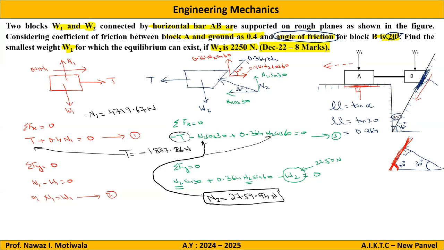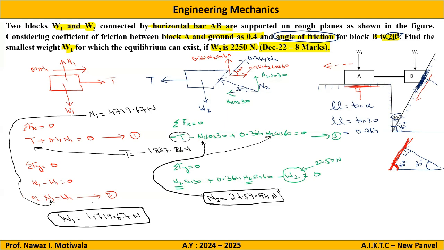And once I get N1, I can put this value of N1 in equation number 2, wherein I will get the value of W1 as 4719.67 newtons. The requirement in the question was to find the weight W1. So the weight W1 will be 4719.67 Newton to maintain the equilibrium.